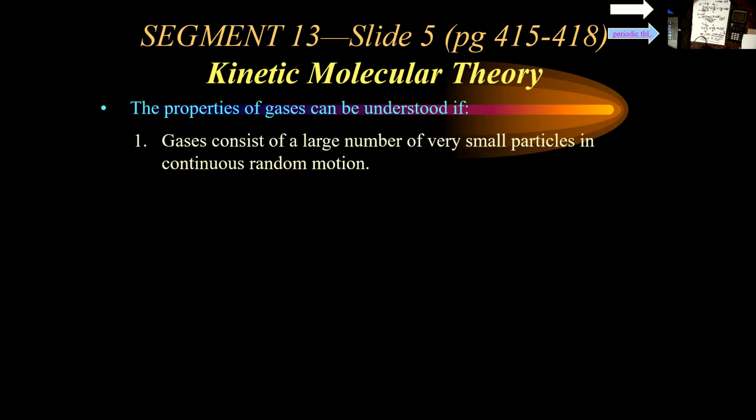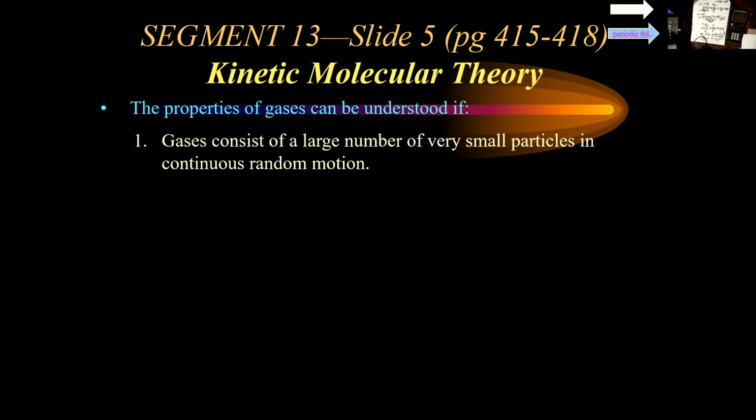Okay, now what I want to look at now is how can you explain the properties of gases? Now, we know they're compressible over great distances. We know the gases diffuse to fill their entire container. So we've got an idea of how gases really behave.